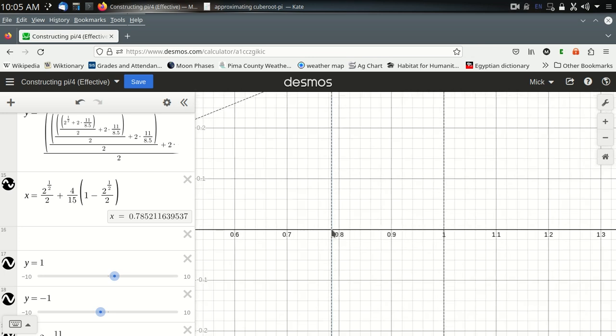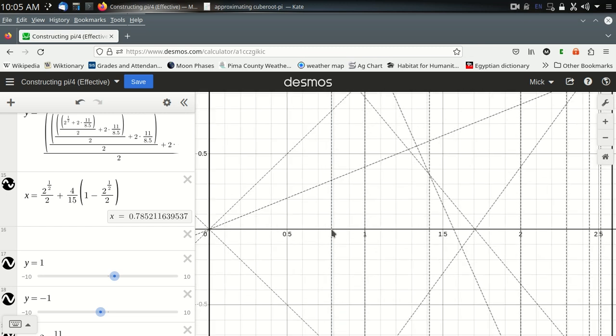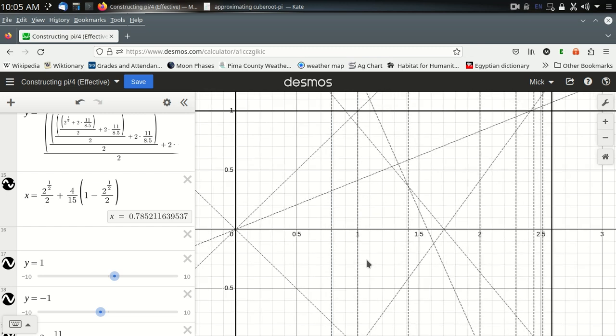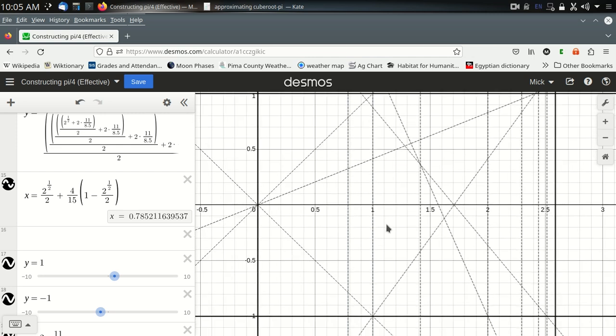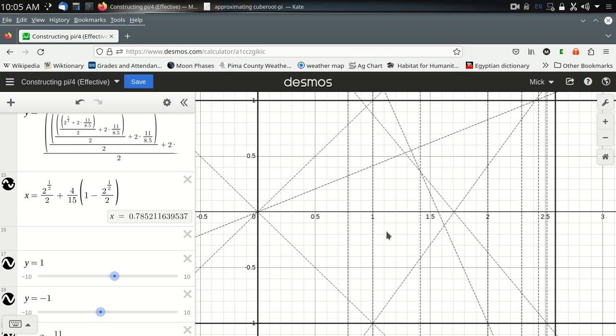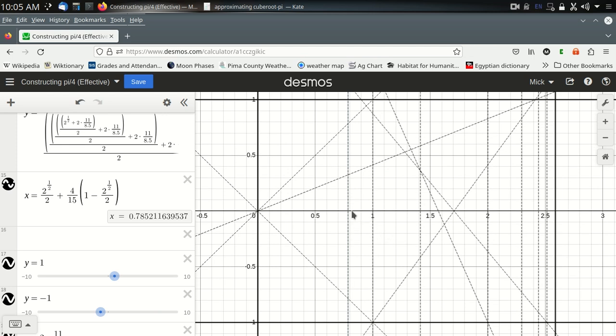So if you had a sheet of paper that was like a meter across, you might begin to be able to tell the difference between the value we constructed and pi on 4. So for practical purposes, especially within origami where you're working with sheets of paper that are normal sized, this should work very, very well.